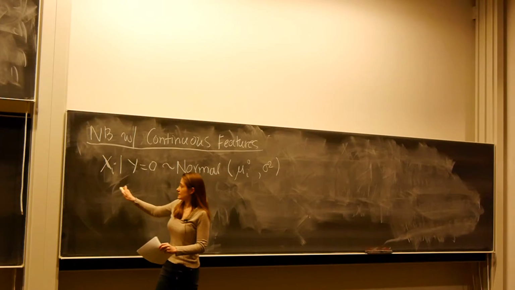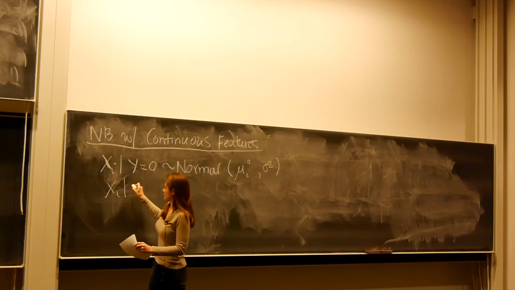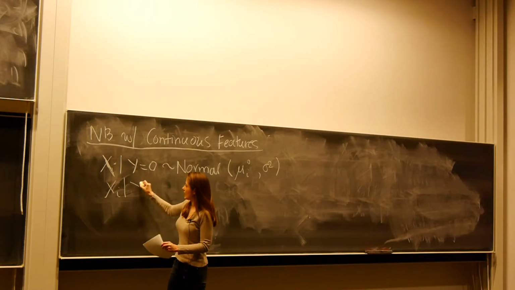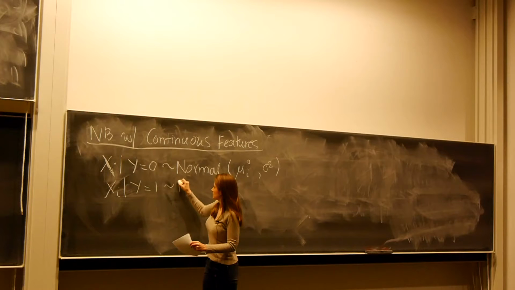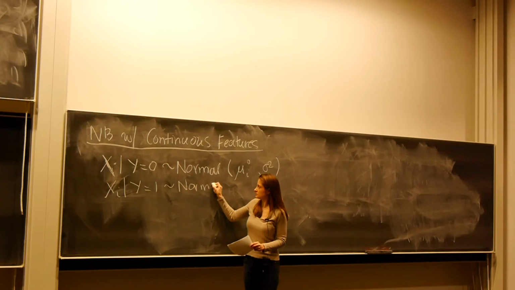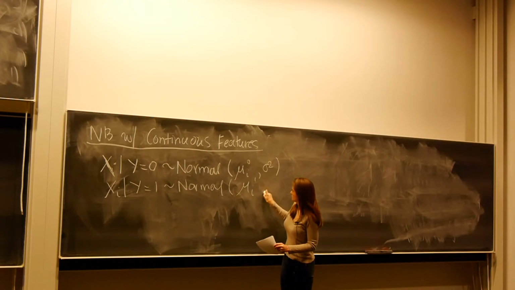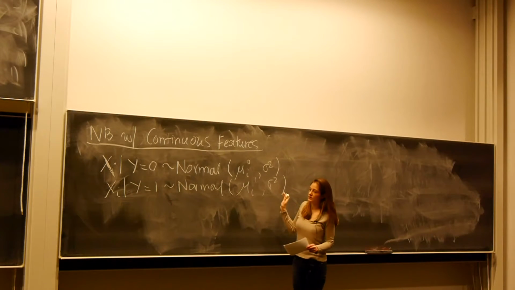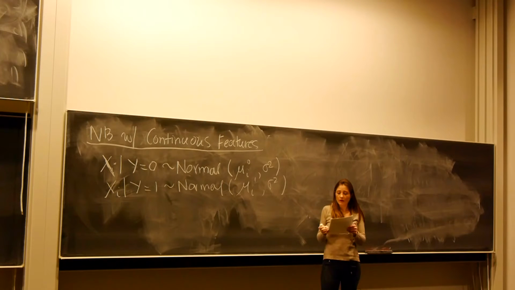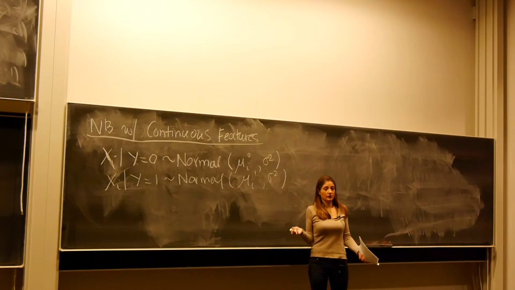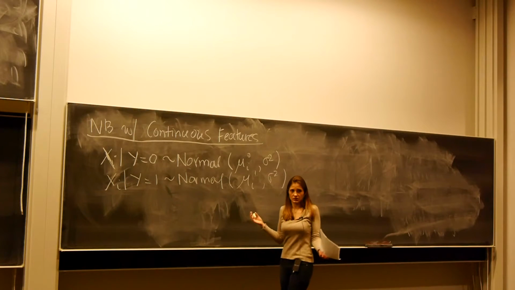So we need to specify the same set of distributions. We need xi given y equals 0, xi given y equals 1. We'll assume another Gaussian, but with a different mean. And we'll assume the same variance. And then we need, again, a distribution for y, but since y is still the class label, we can still assume it's Bernoulli just as before, right?